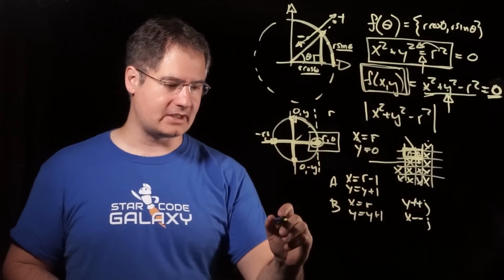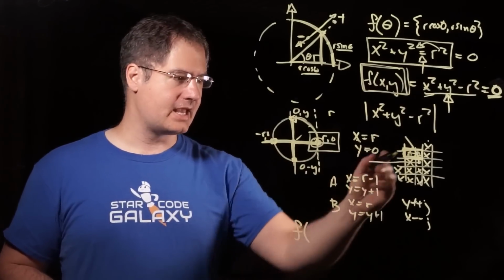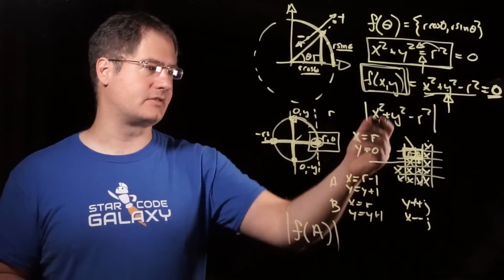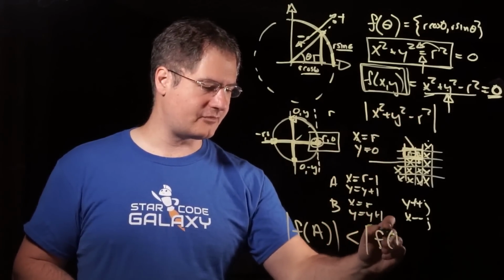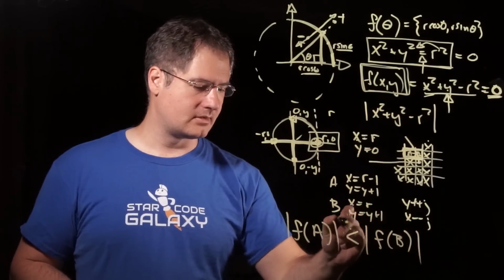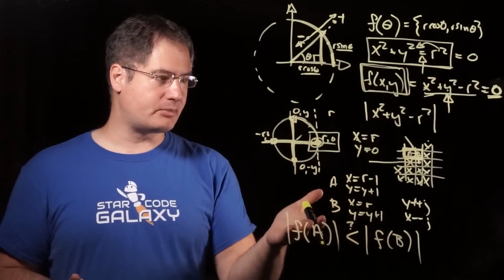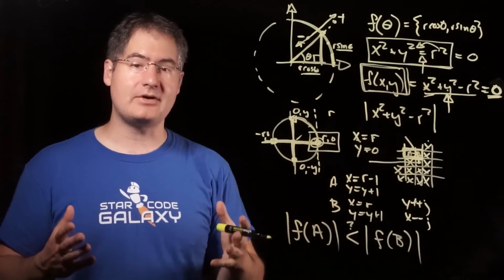And we can say, if we say this is A and this is B, if the absolute value of F(A), meaning the total distance, is less than F(B), then we know which one to pick. If we plug in our A point to the circle equation, we will get out a distance.